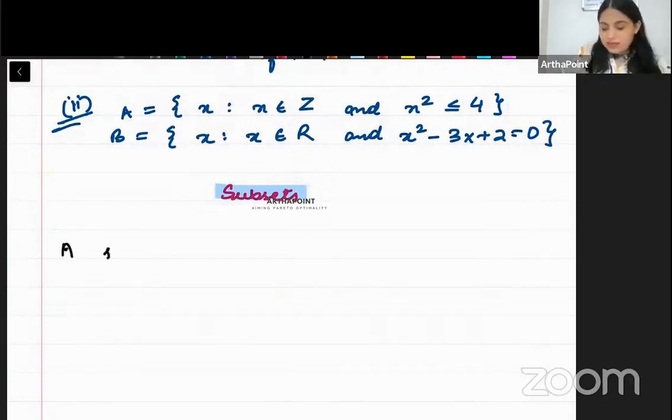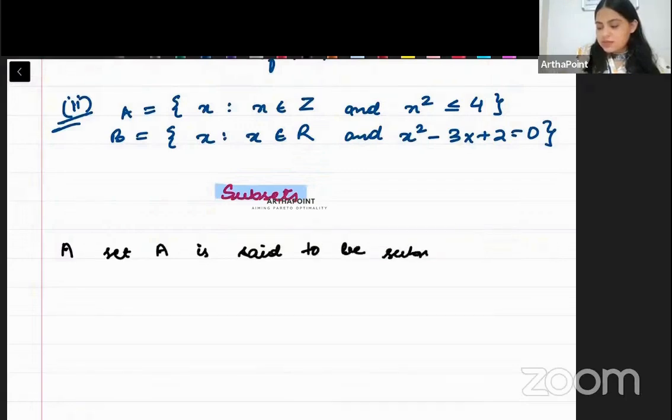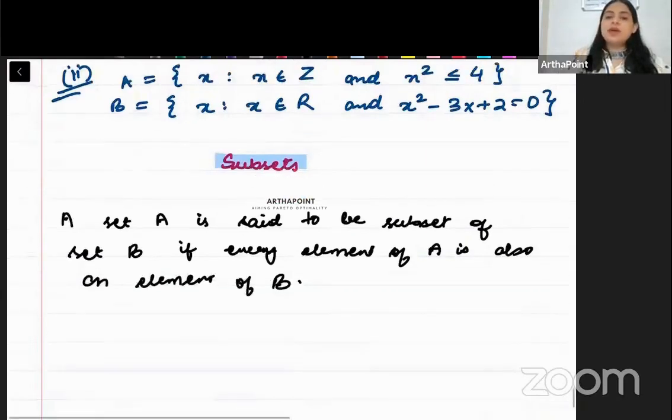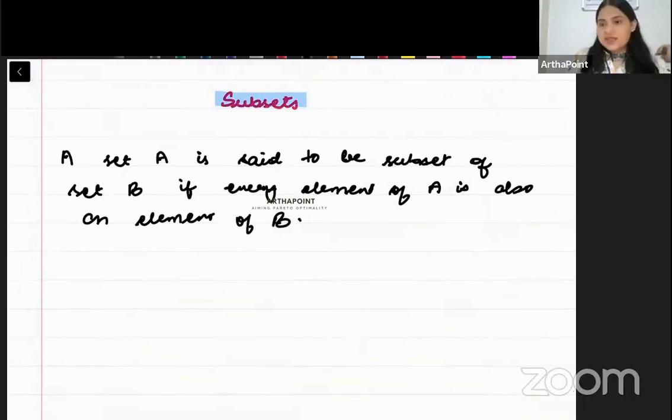A set A is said to be subset of set B if every element of A is also an element of B. तो बेटा सबसेट क्या होता है? एक सेट A को हम B का सबसेट तब बोलते हैं जब A का हर एलिमेंट B में प्रेजेंट हो.